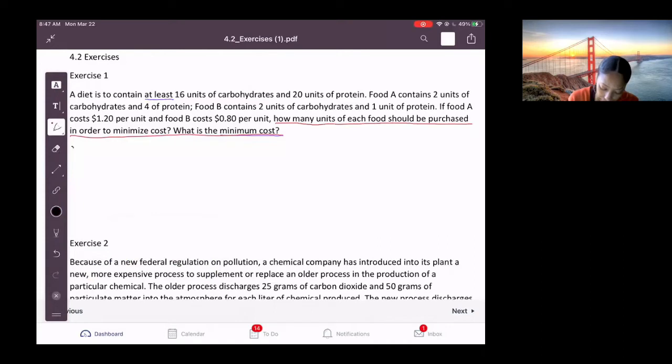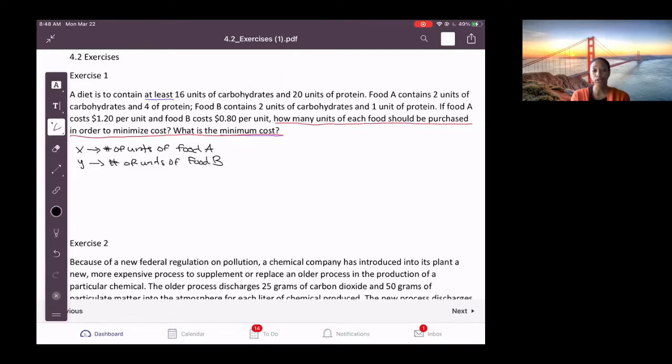So we can say, let X represent the number of units of food A. And we can let Y represent the number of units of food B. Okay? You should always start off there. If you're using X's and Y's or A's and B's or Z's, whatever variables you have, you need to tell me what those variables represent. So identify and label your variables.